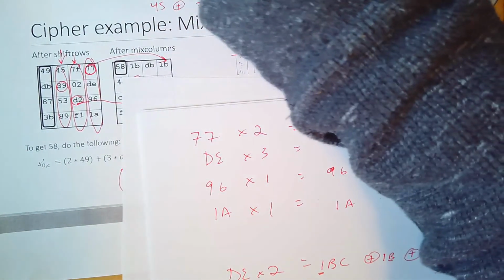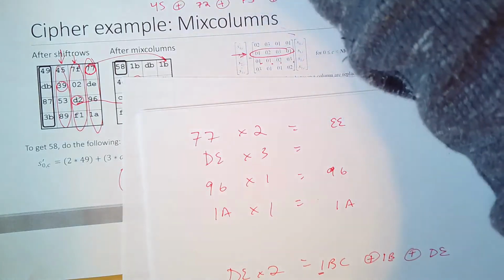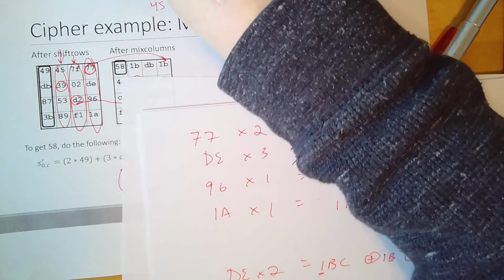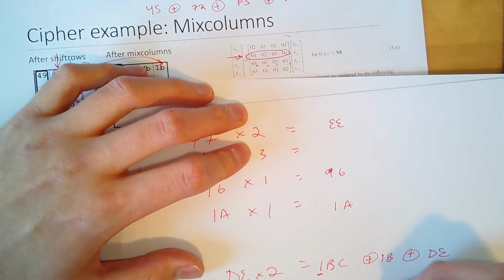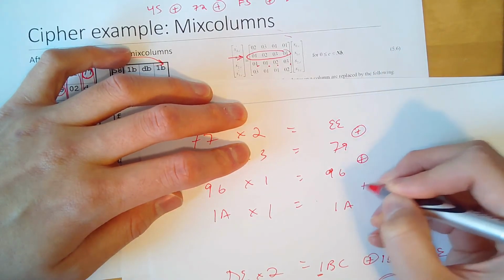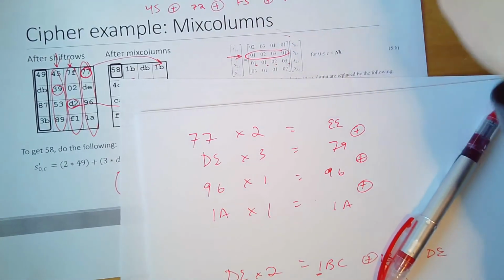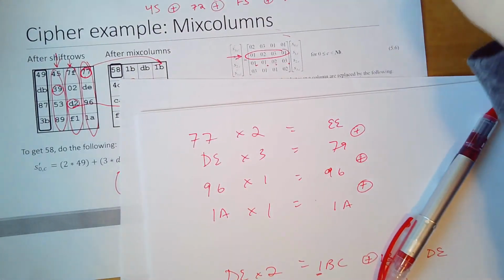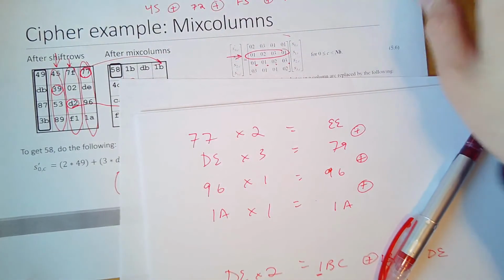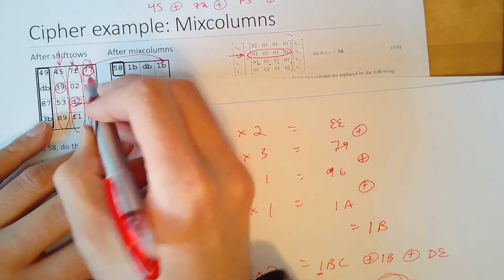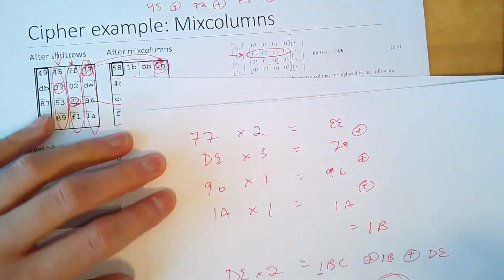So 1BC XORed with 1B XORed with DE gives us 179. Drop the 1, we get 79. Now we XOR these values. EE XORed with 79 XORed with 96 XORed with 1A gives us 1B. And the value is indeed 1B over here. All right.